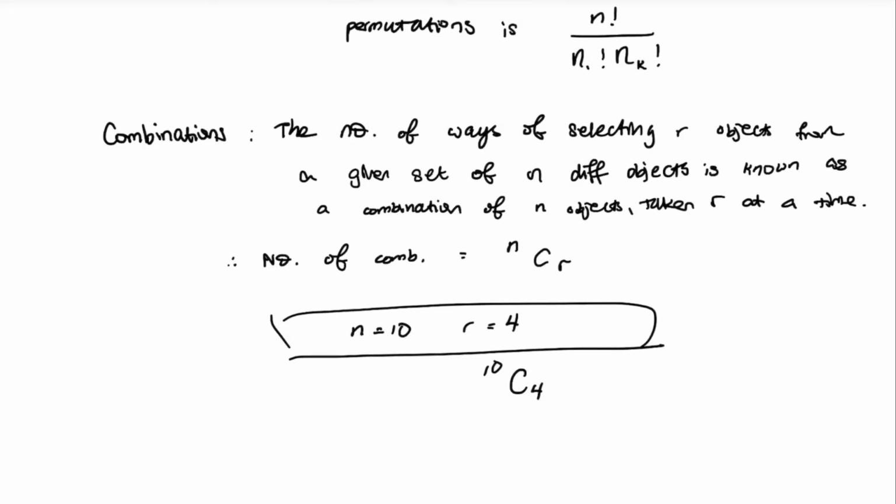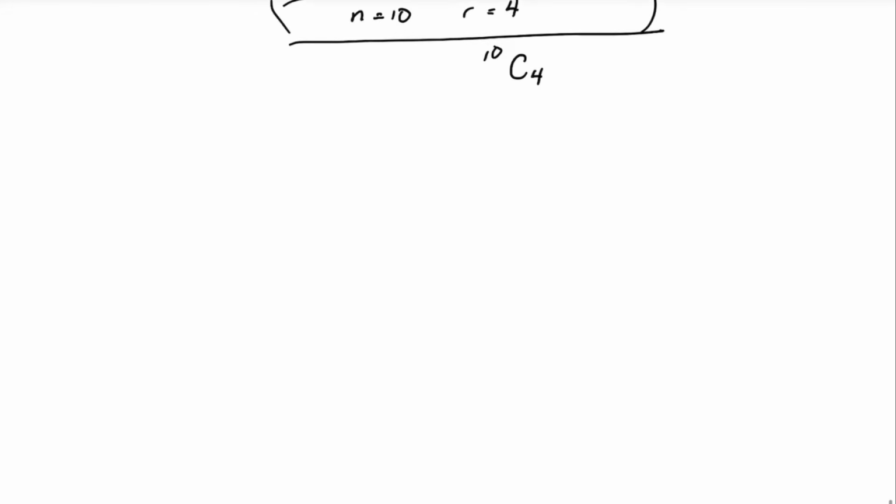There isn't a need to do that. You can just let them go and insert themselves anywhere they want. So this result, if you need the factorial form, is n factorial over r factorial times (n minus r) factorial.